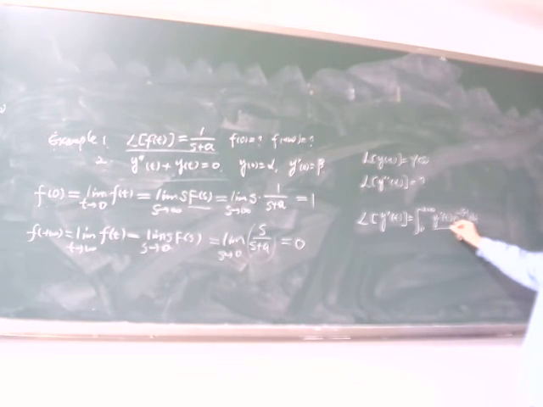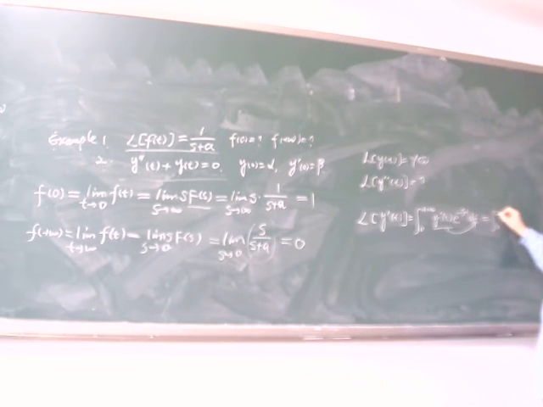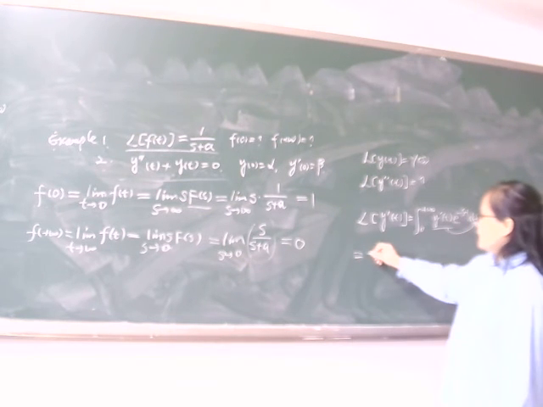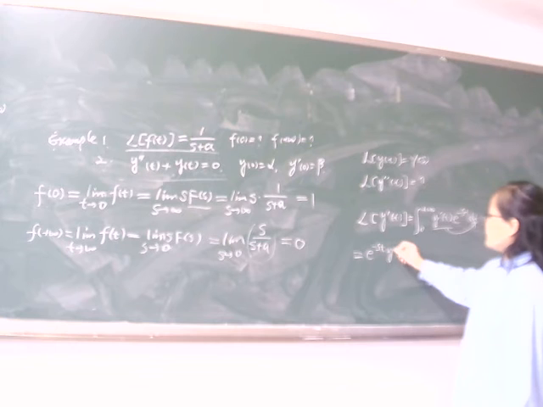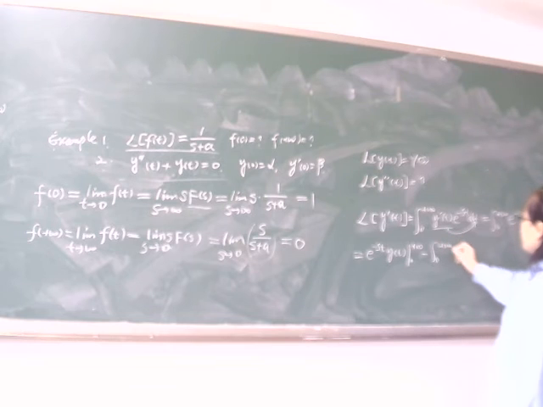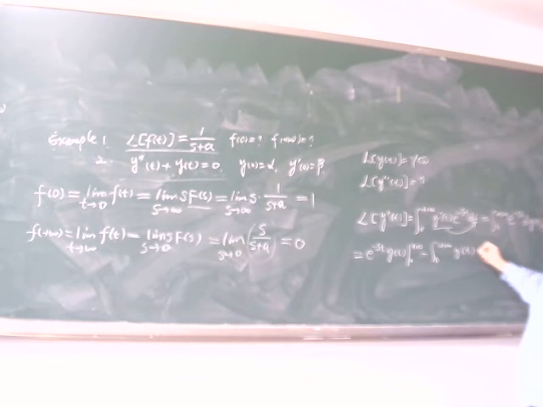We can move this part to the derivative and integrate by parts. This equals e^(-st) y(t) minus the integral of y(t) d(e^(-st)).